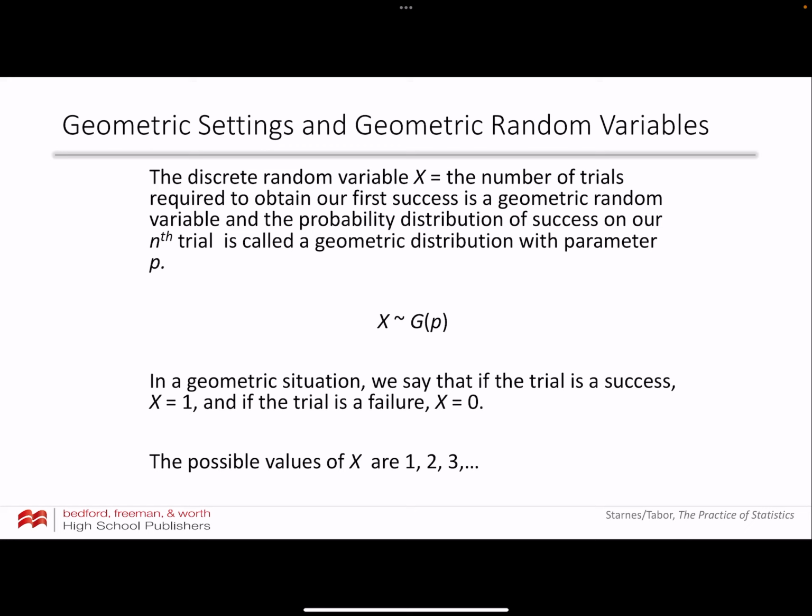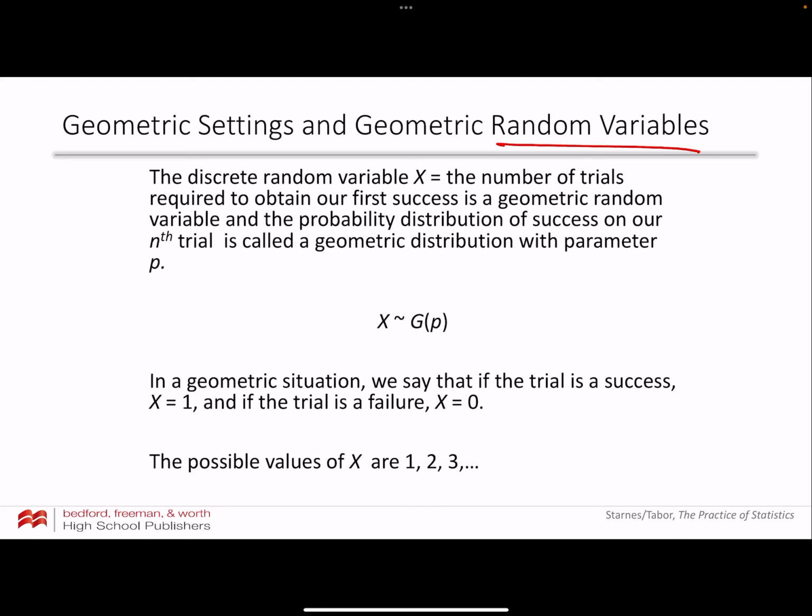And now let's take that and apply it to random variables. So remember, the word random variable just means that we're talking about something that is like a chance process, aka it's random, and that we have only numerical outcomes, right?